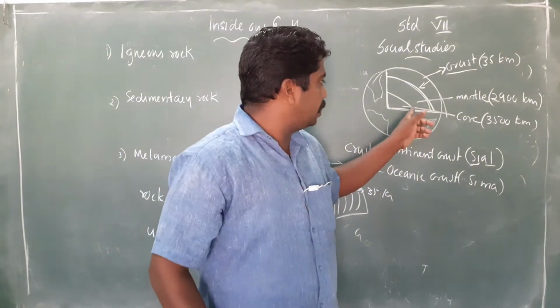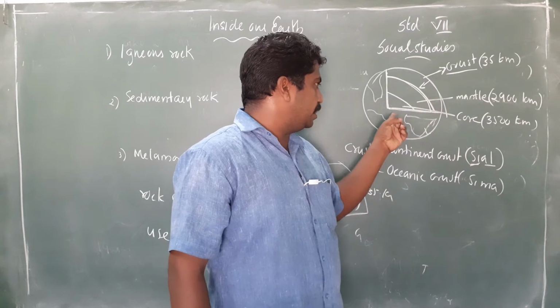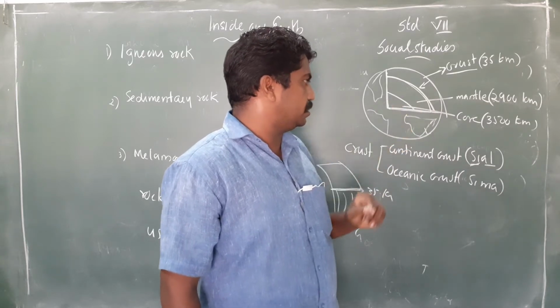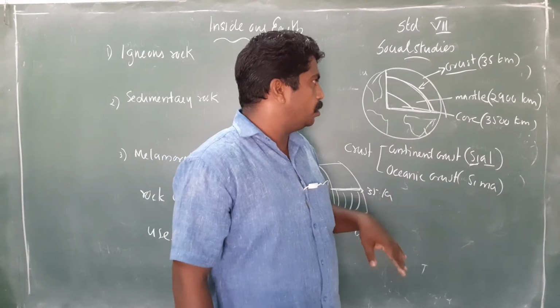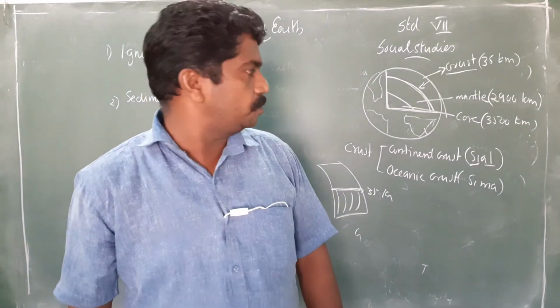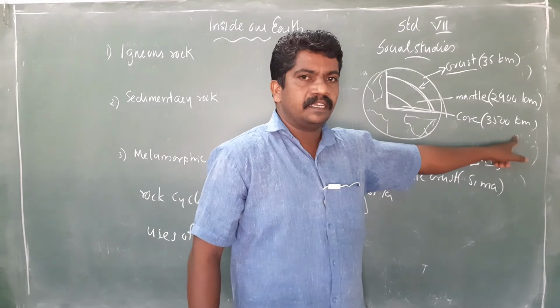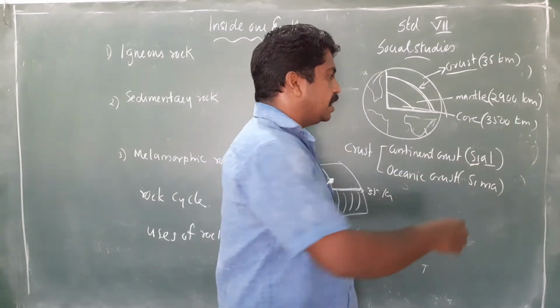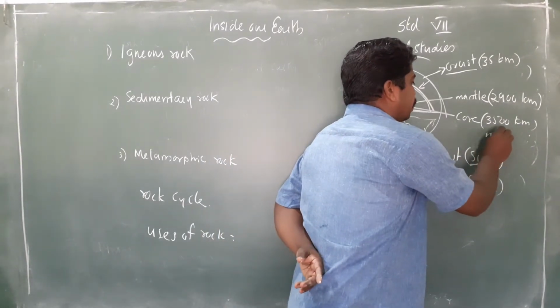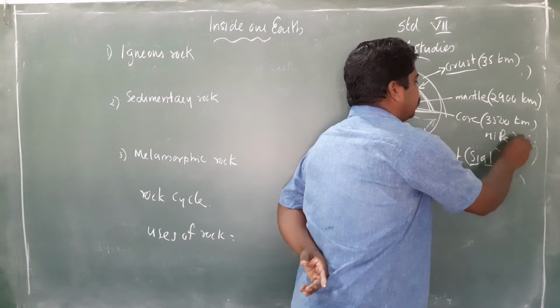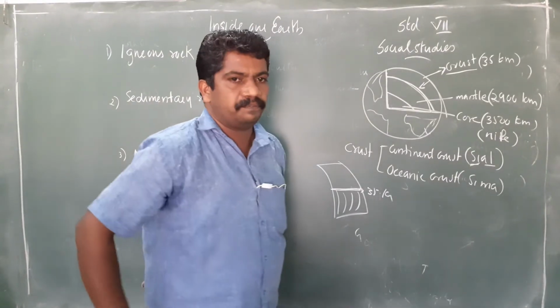Then the area deep in the earth, below the mantle, is called core. It is 3,500 kilometers. It contains minerals like nickel and ferrous, therefore it is called Nife.